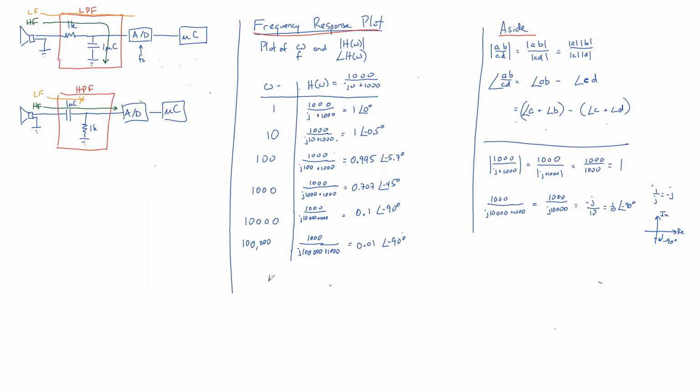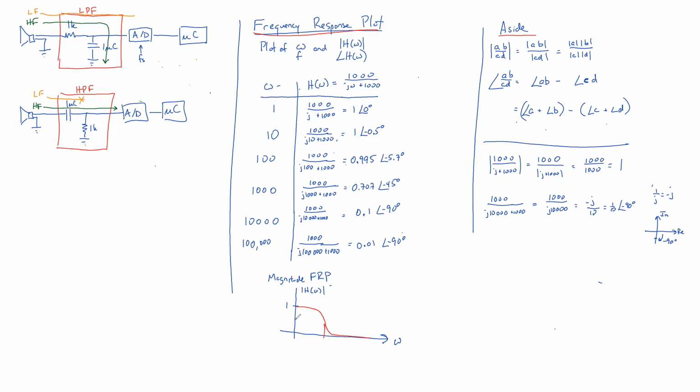And so the magnitude frequency response plot is the magnitude of H of omega. It starts off at 1, and if you were to plot it, it goes down like this.